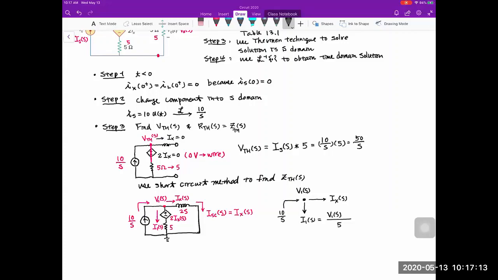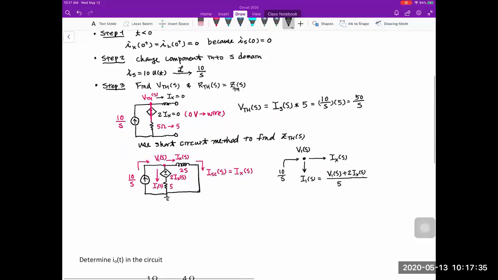When you go to the positive node, you plus the voltage, and the voltage is 2Ix of S. And it goes to the ground, which will be minus 0, so that's nothing to subtract. And this is your current at this position.